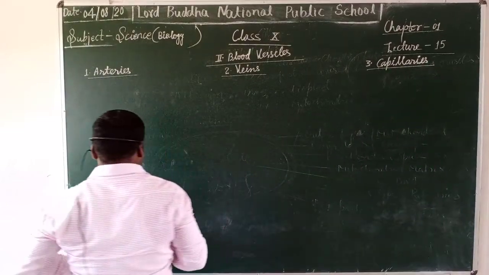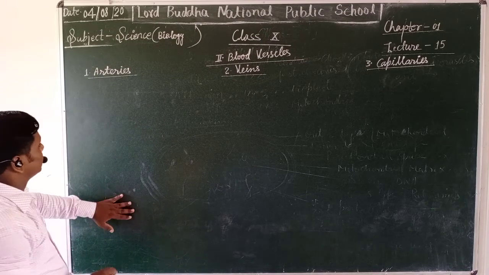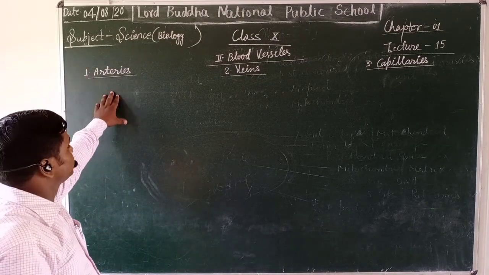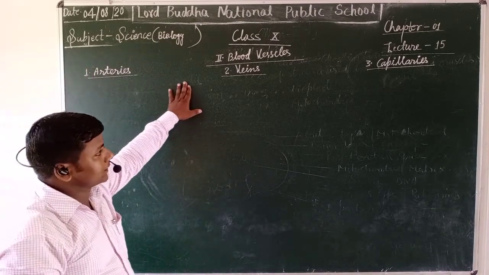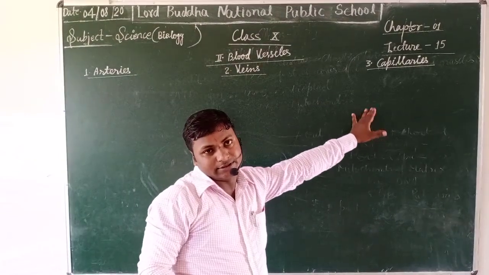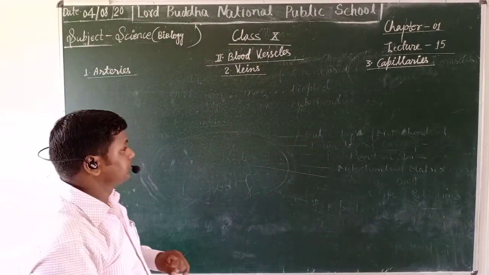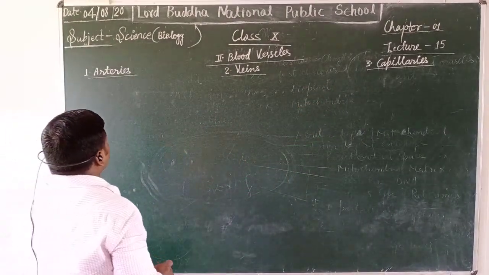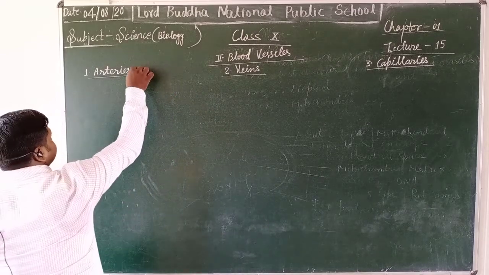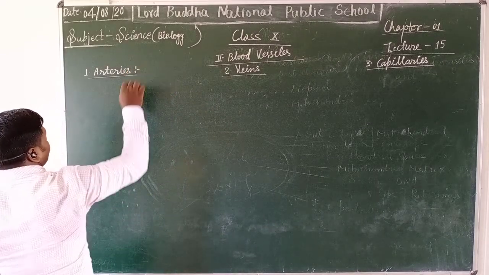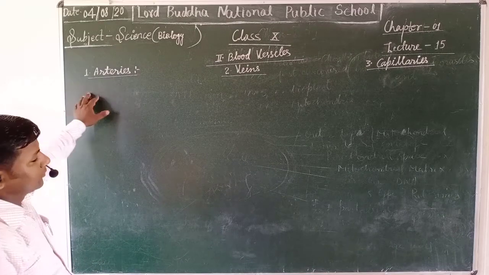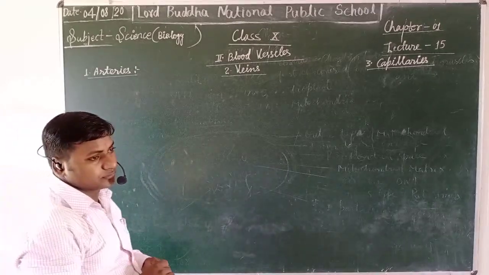Now students, we will discuss all these three types of blood vessels one by one. First of all, we will describe the arteries.